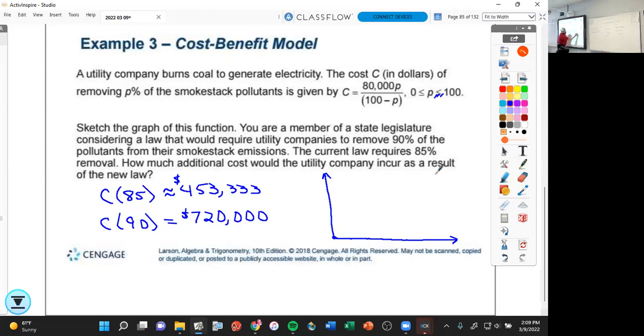So if this right here represents 100, that's an asymptote, isn't it? What is going to happen to the costs incurred by this company as the percentage of pollutants is removed? It's going up. Does it go up fast? Always goes up fast, like a straight line? No, it can be exponential.